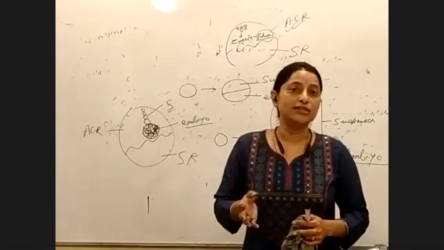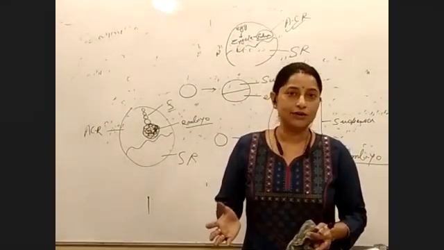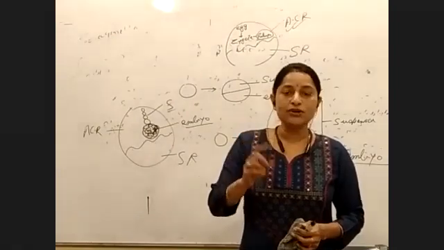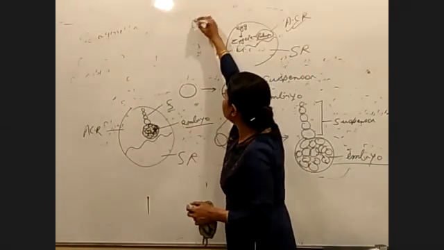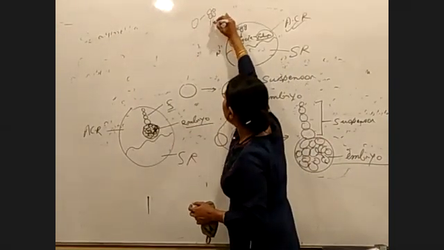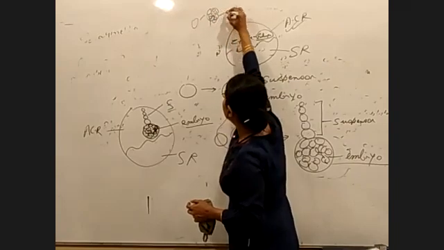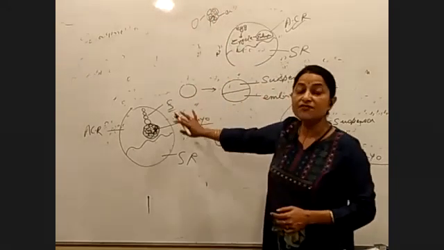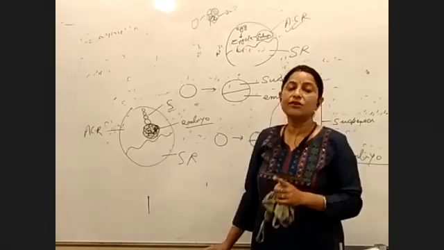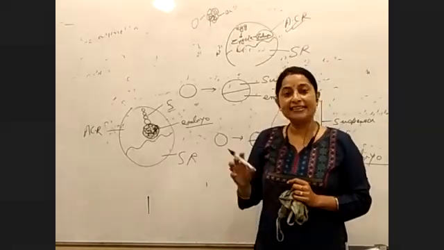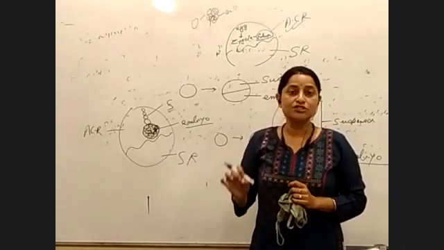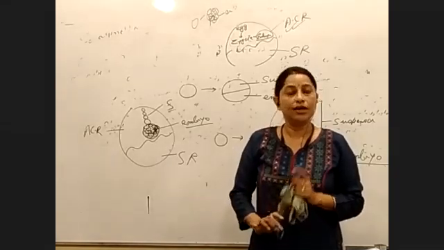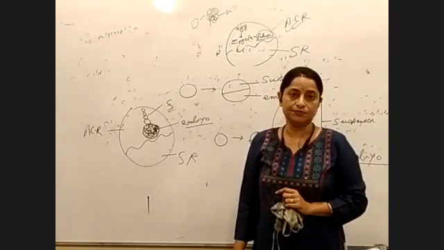Zygote undergoes mitosis and ultimately forms the embryo. Means what? Zygote is one cell. That cell divides and ultimately forms the embryo. But in the case of Selaginella, listen to the line carefully. The entire zygote does not form the embryo. Is the statement understood?